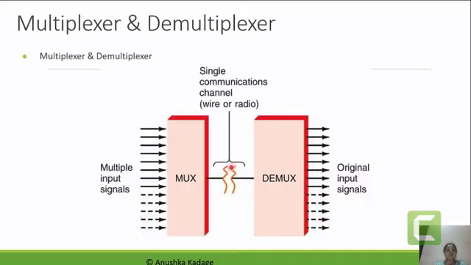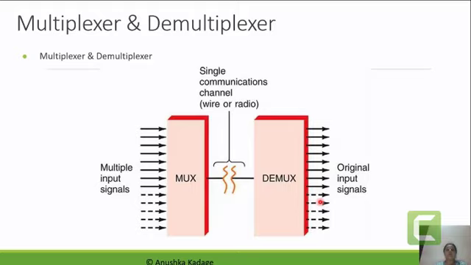But while transferring this parallel data, we convert it into serial form at the transmitter end, and at the receiver end, from the serial data, it is again converted into parallel form.